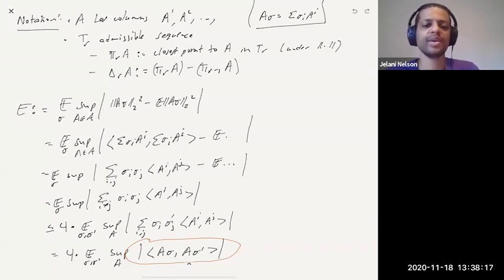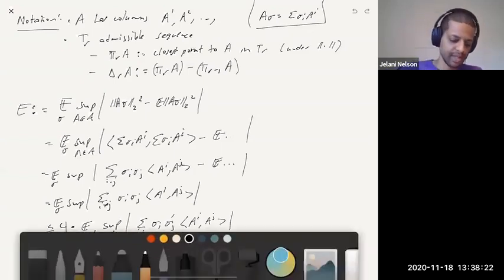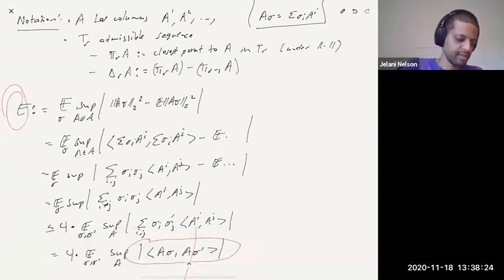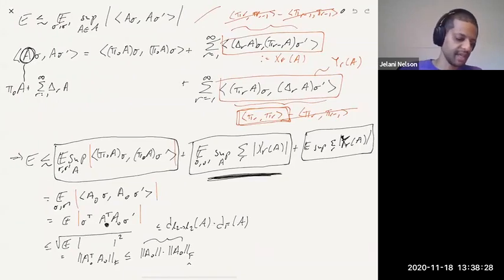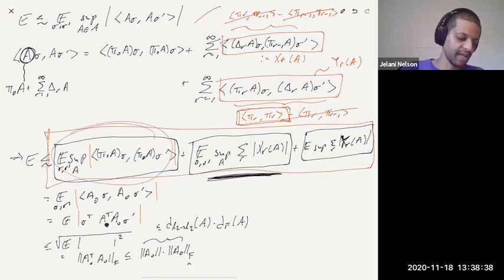Okay, so given all this notation, what we showed last time is that E, which is the thing we're trying to bound, was at most this thing here. And we bounded the first term already. We bounded this term already by this.